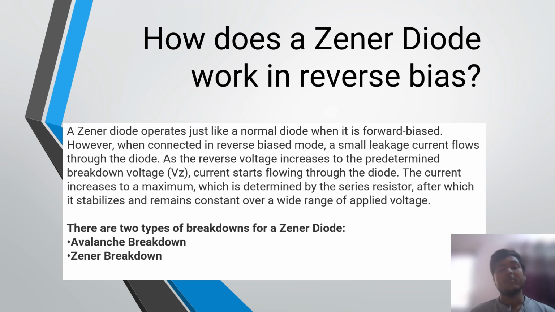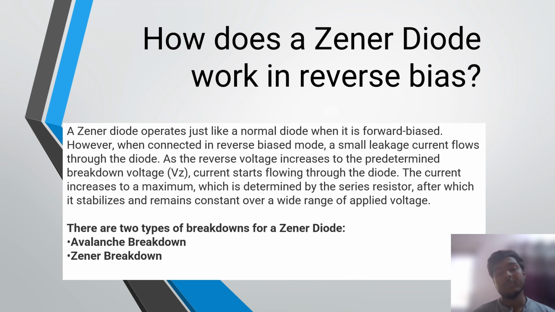As the reverse voltage increases to the predetermined breakdown voltage, in short Vz, current starts flowing through the diode. The current increases to a maximum which is determined by the series resistor, after which it stabilizes and remains constant over a wide range of applied voltage.